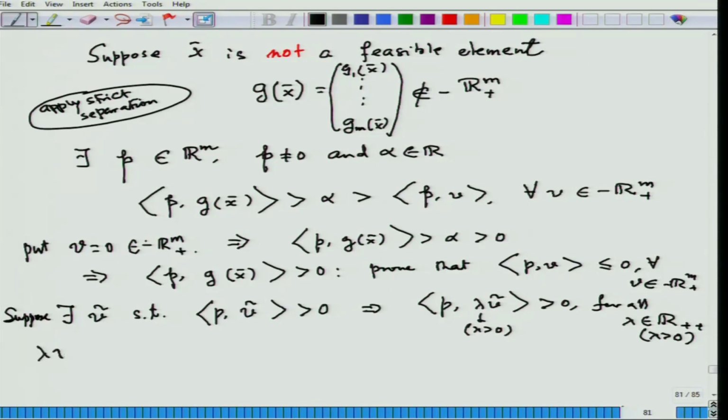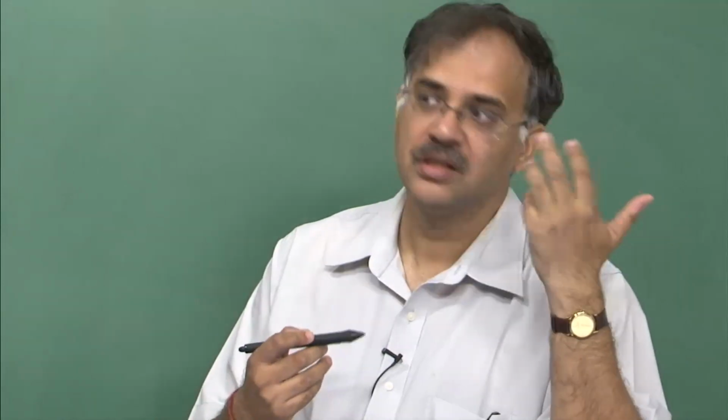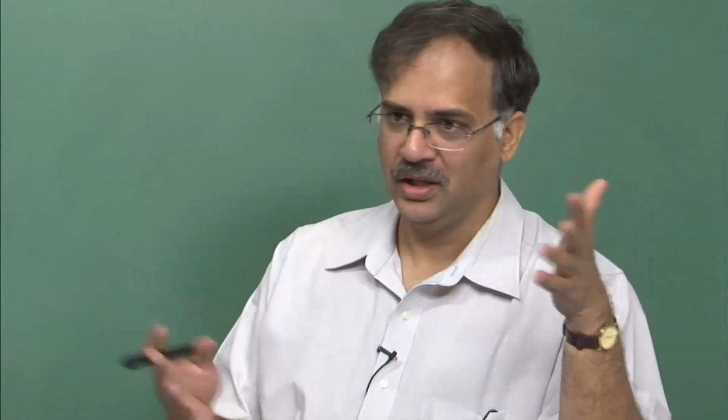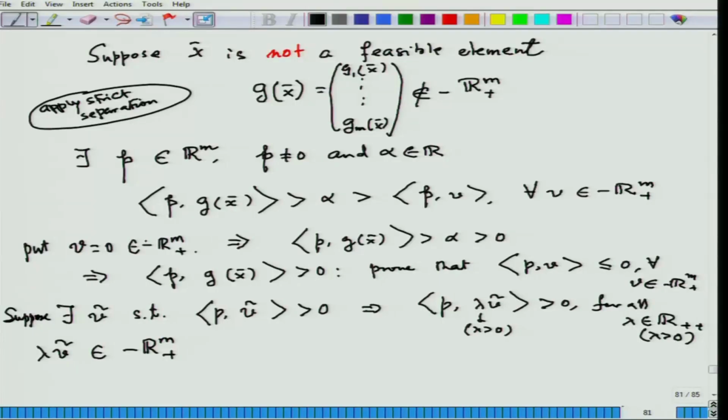Now, lambda v tilde is also an element of minus R^m_+, which is quite natural. All the components would remain negative. So, I can make the lambda bigger and bigger. Remember yesterday's arguments. As lambda tends to plus infinity, this value for a certain threshold value of lambda would cross the value of alpha.